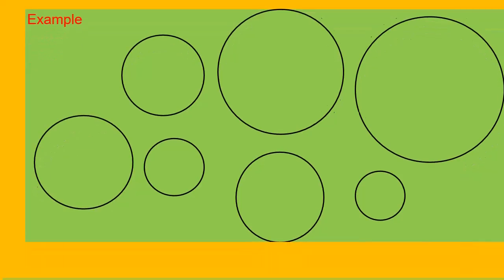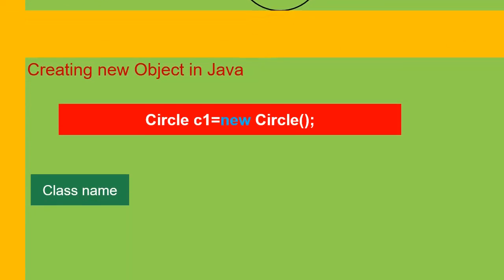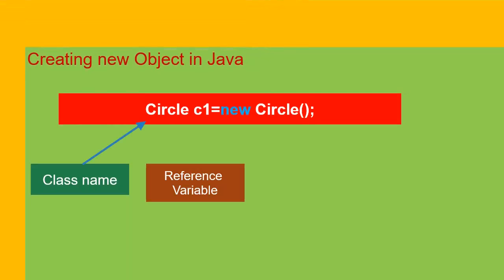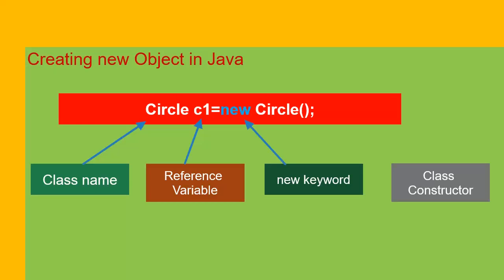So programmatically, how can we create an object in Java from a class? The line Circle c1 = new Circle() is responsible for creating a new object in memory for us.